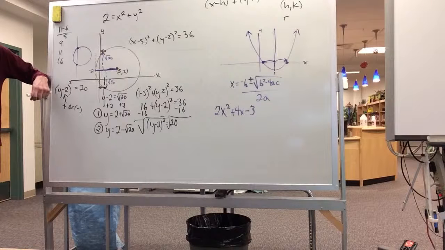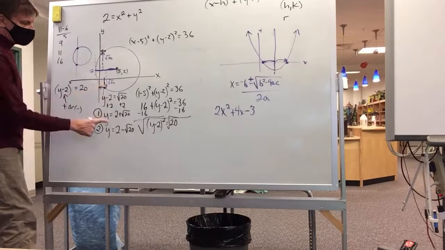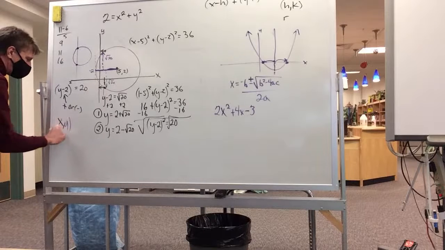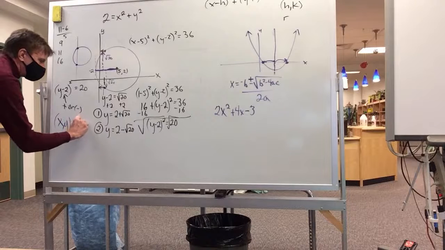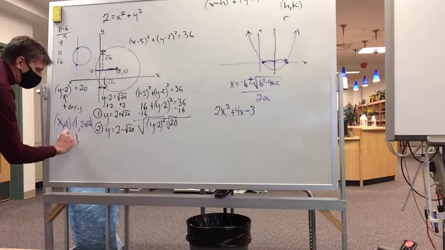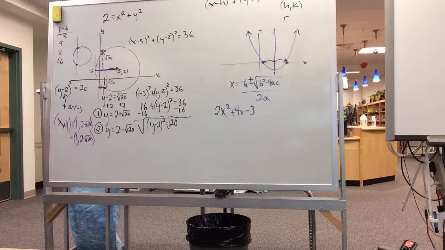How do we get the coordinates? You're 1 over on the x-axis, and then this is your y value. So in terms of x and y, this would be (1, 2 plus the square root of 20) and (1, 2 minus the square root of 20). Those are your two locations. I think it says exact, doesn't it? Well, it says find the coordinates, but there they are.